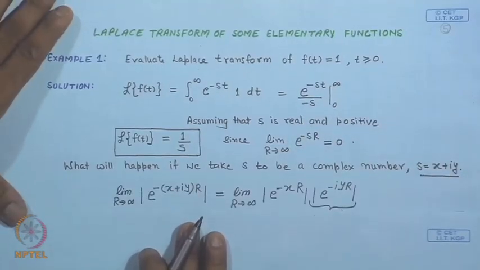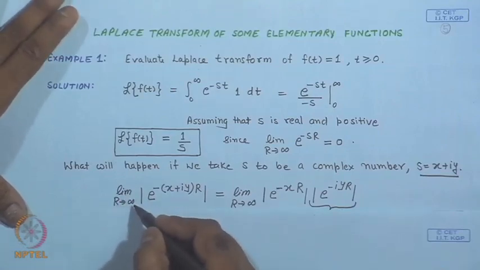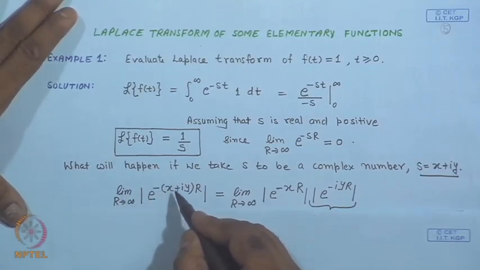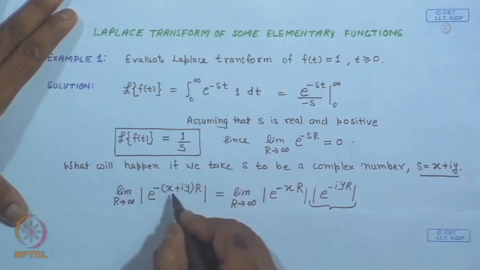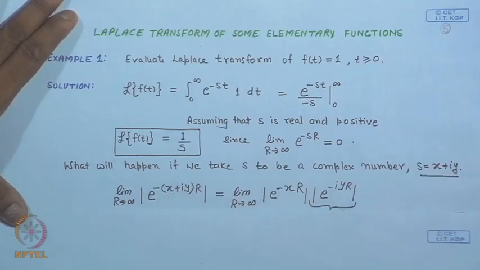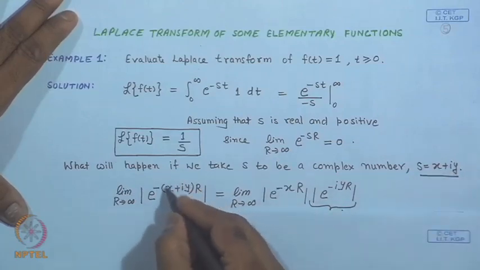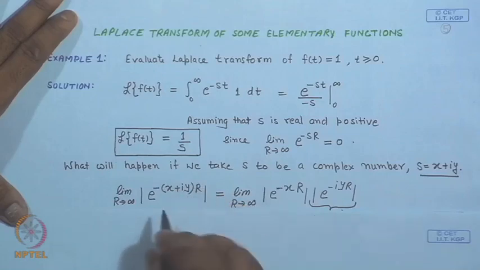So, if we take the limit as r goes to infinity of e power minus s r, for this s we now write x plus i y in complex form.